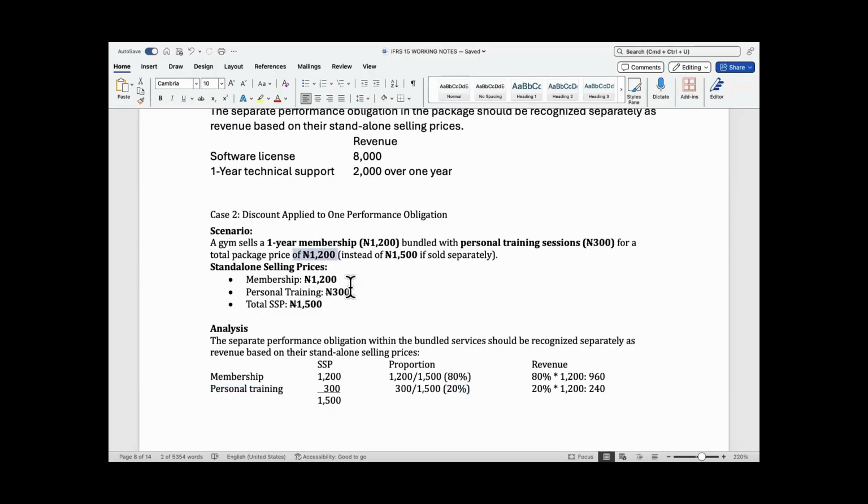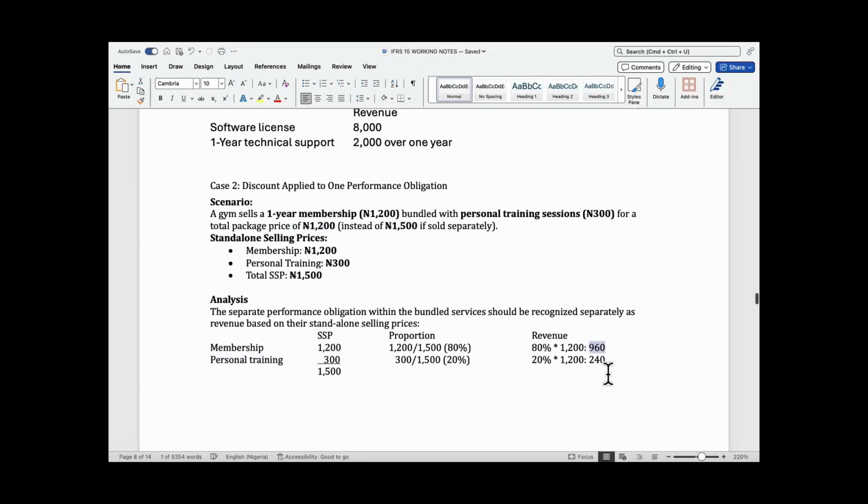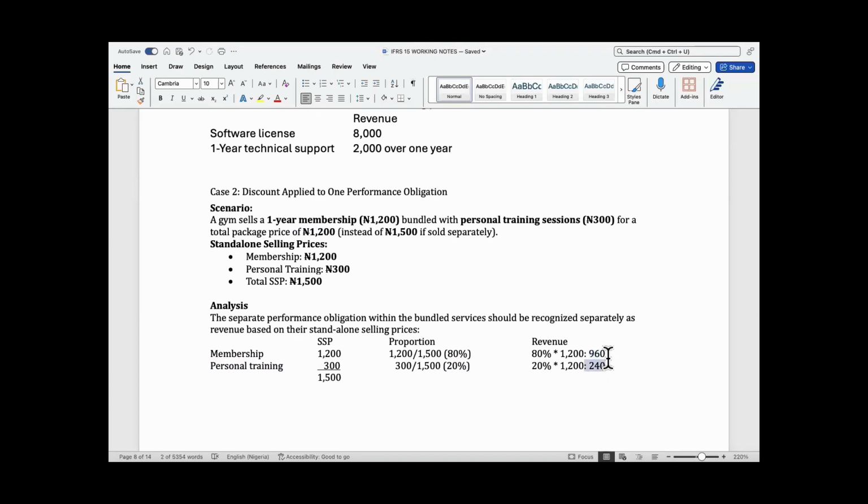So the 1,200 that they actually received, I shared. What we will recognize as revenue for membership fees will be 960. What we would recognize as revenue for personal training fees will be 240. So that's what that step 4 is talking about.